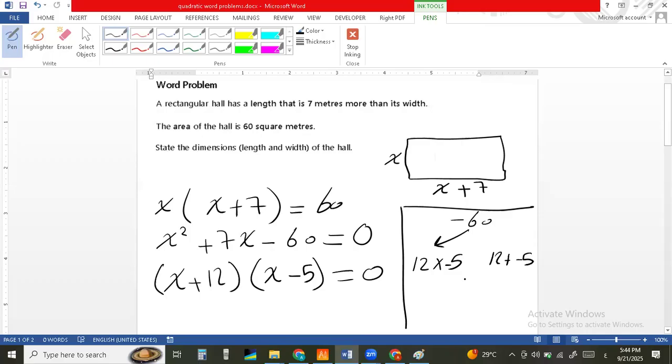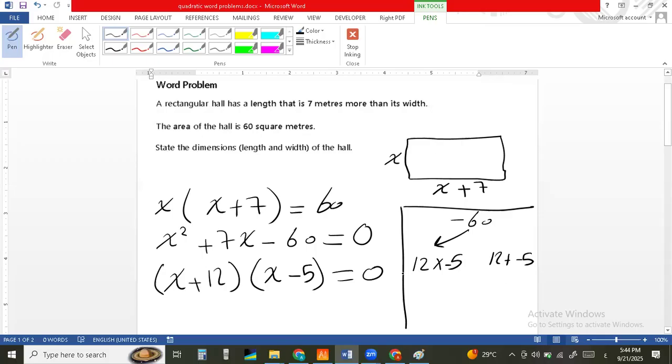That is in the other level, when a is not 1 and we multiply a by c. We're going to see this in the next example, but this is the first and the easiest level. No tricks at all. I just found the two numbers that give me negative 60 when they are multiplied and positive 7 when they are added.